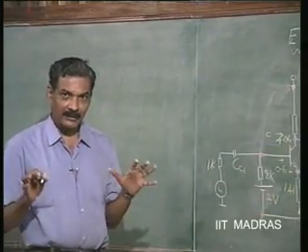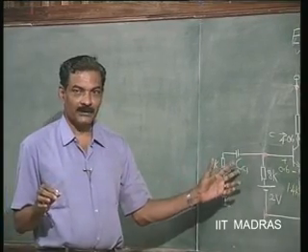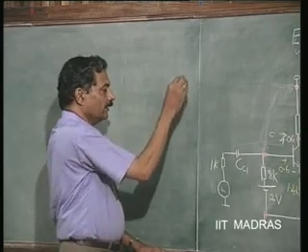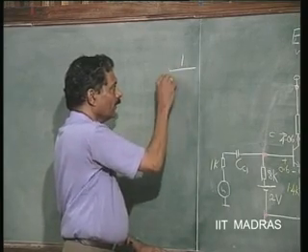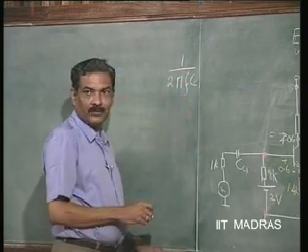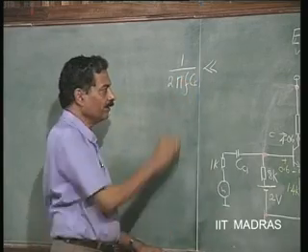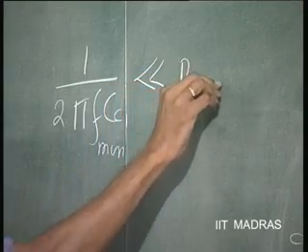Let us now exactly determine how to evaluate the value of CC1, CC2, CE. Now, I just said that the reactance of all these capacitors should be much less than, at the minimum frequency of interest, the resistance across.